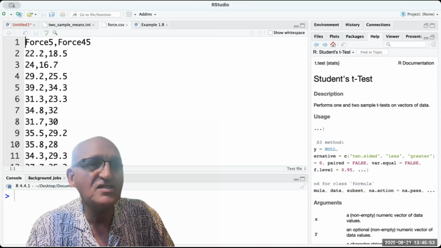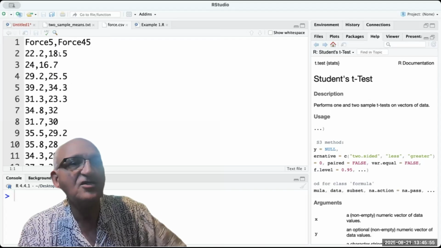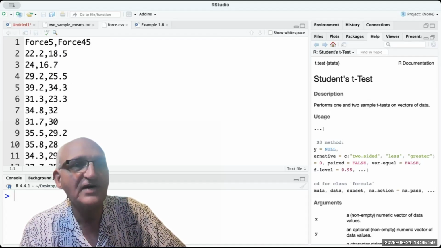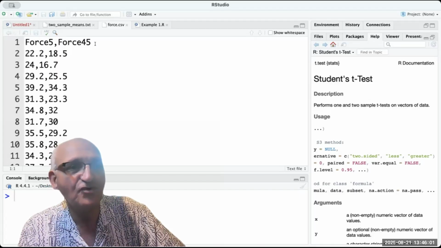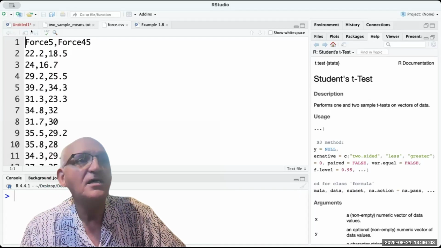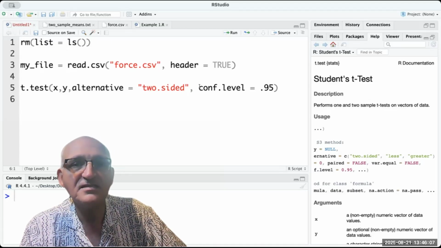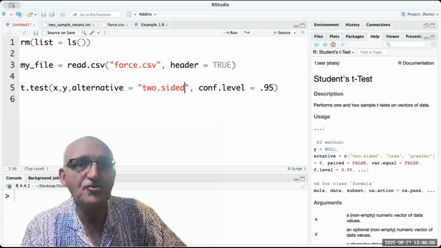So I'm going to check mu equals 0 versus mu is greater than 0, because I'm going to do force 5 minus force 45, x minus y. So I'm going to say here two-sided, yes. No, it's one-sided, it's greater.